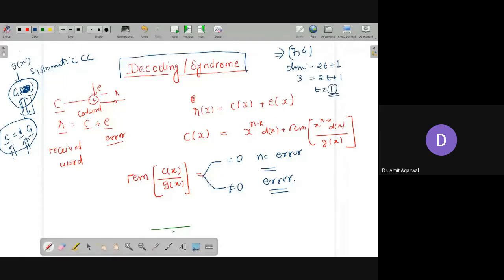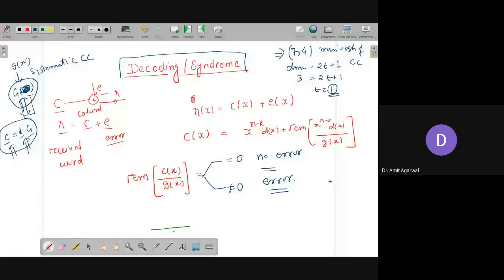So we can correct 1 bit. Because d min is the minimum weight of a cyclic code, because cyclic codes are a subclass of linear block codes. Always remember.